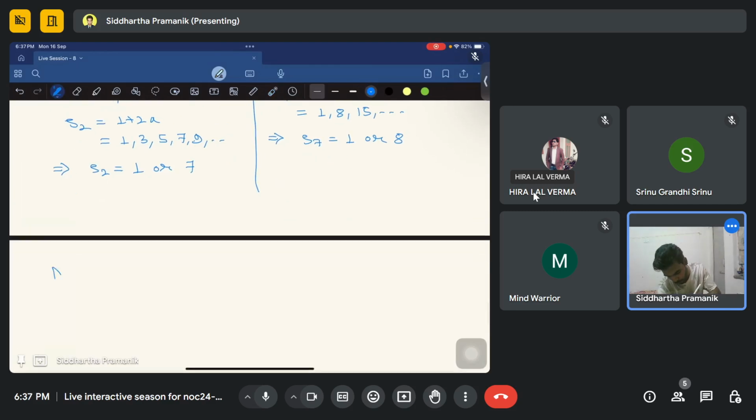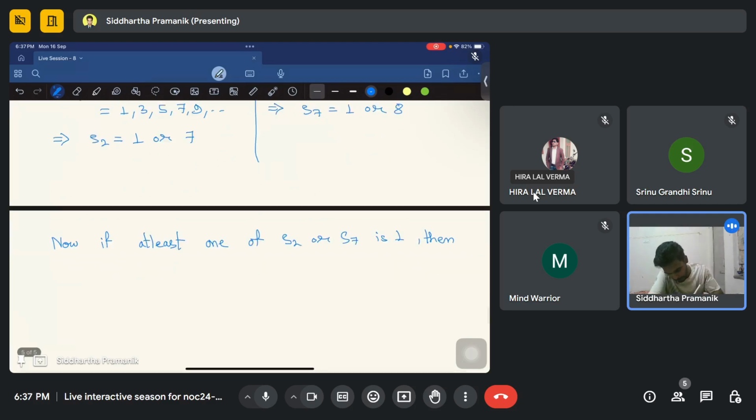So now, if at least one of S2 or S7 is 1, then that corresponding Sylow subgroup is unique. So that will give you a non-trivial proper normal subgroup.